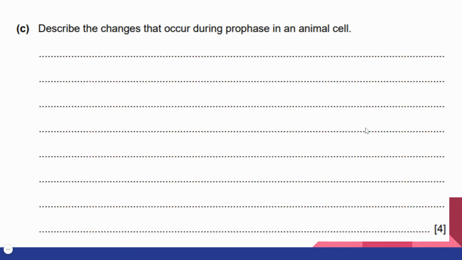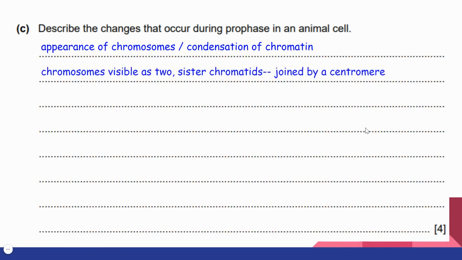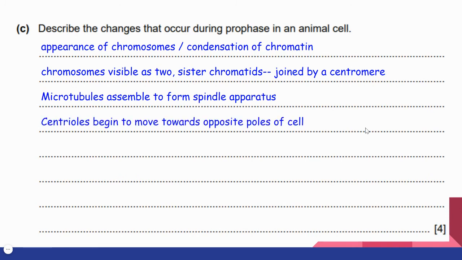So here you have to recall your knowledge and understanding of the events that happen during prophase in an animal cell. First thing that happens is the chromatin will shorten, thicken and condense to become chromosomes, and the chromosomes start becoming visible under the microscope. In the chromosome, you can see two sister chromatids joined by a centromere. You also start to see that centrioles are producing or assembling microtubules to form spindle fibers or spindle apparatus.